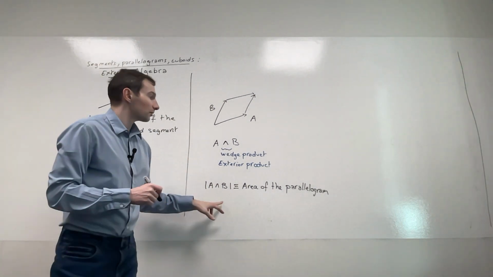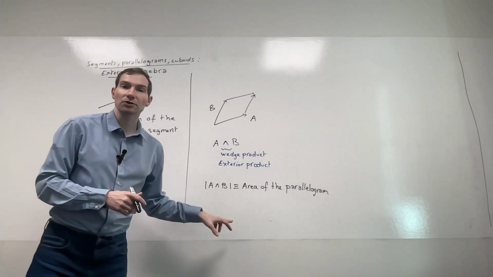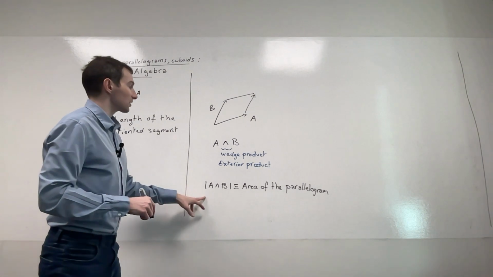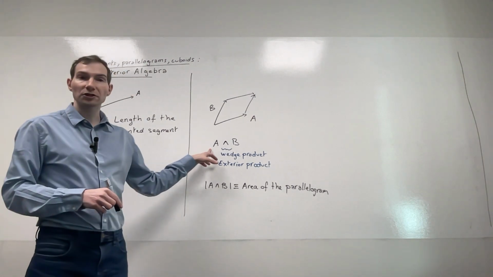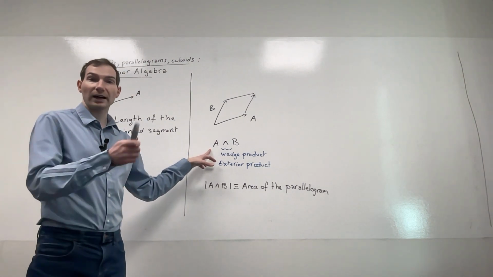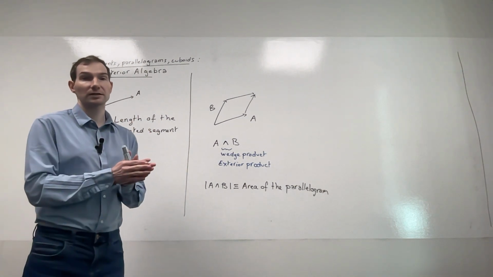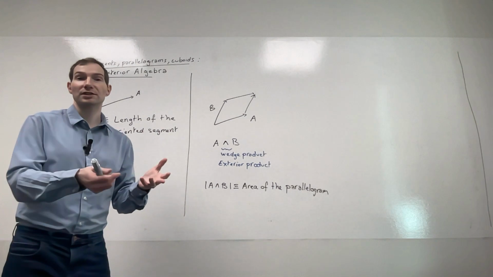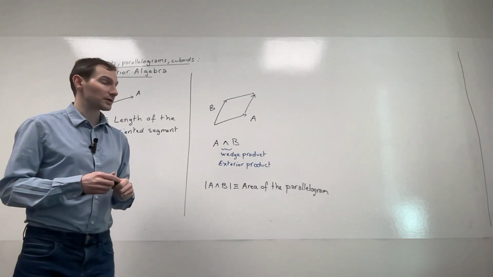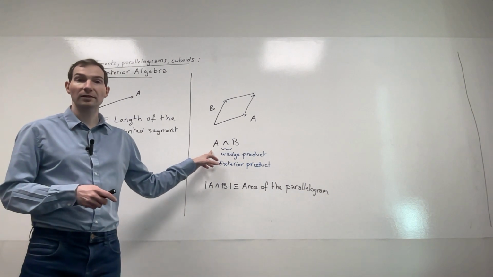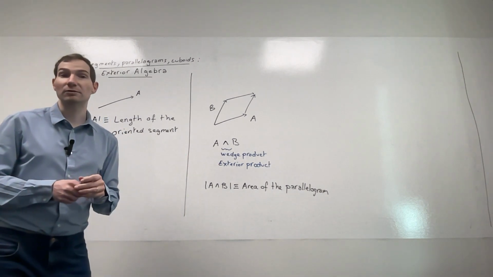Okay, so this is interesting because we can try to work out a property such that if I take the wedge product of a vector and another vector which is collinear to it, so that can be expressed simply as a multiple of the initial vector, then I should get zero area.